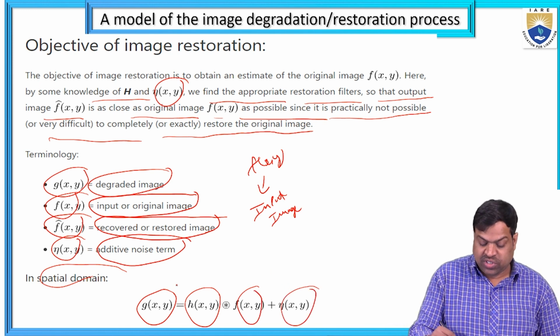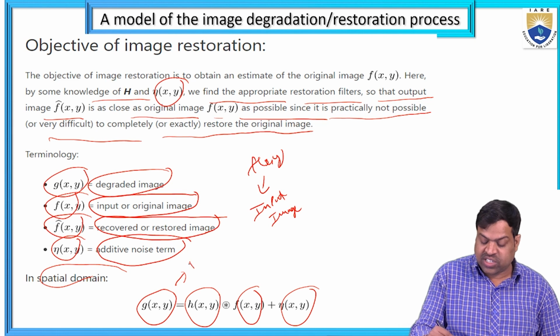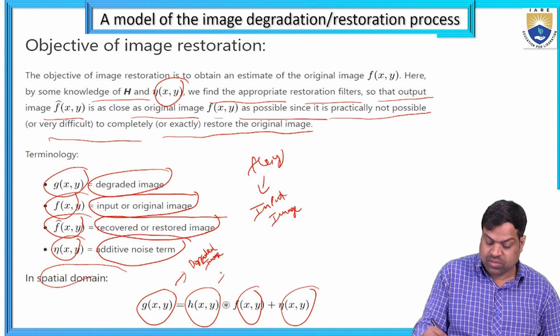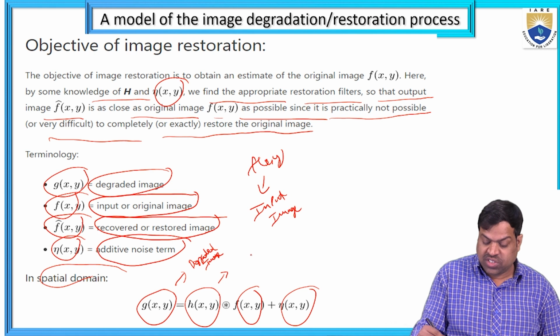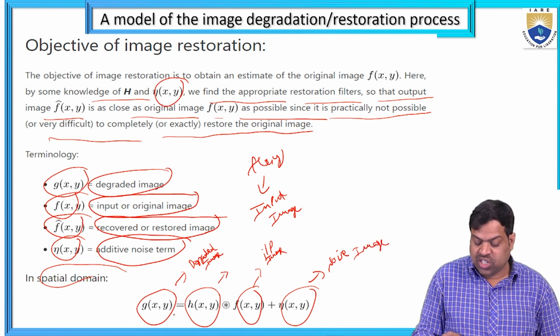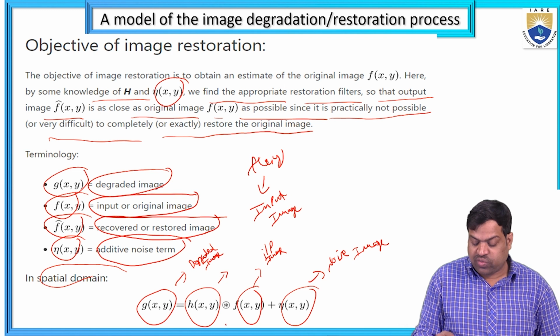Here g of x, y is the degraded image, with h of x, y the degradation function and f of x, y the input image.